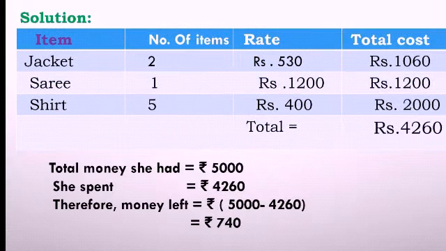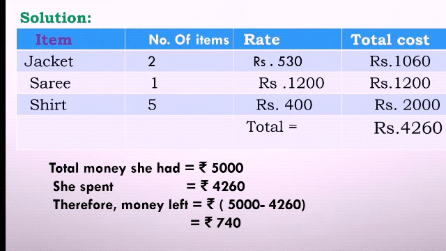See the solution. First of all, we need to write the bill again and then we have to find it. Jacket: how many jackets did Meena bring? 2 jackets. The rate per item is 530 rupees per jacket.